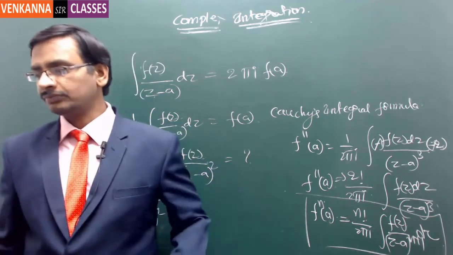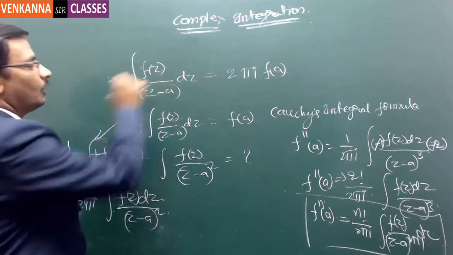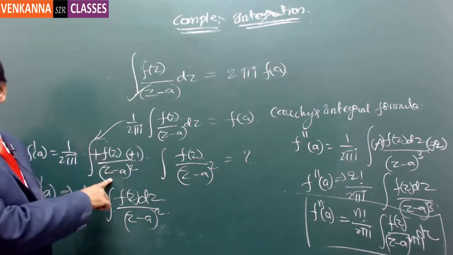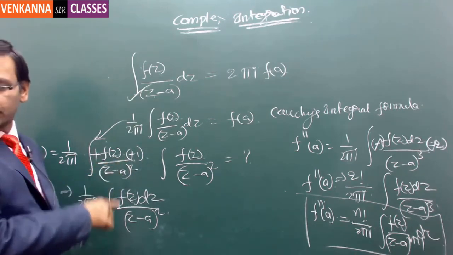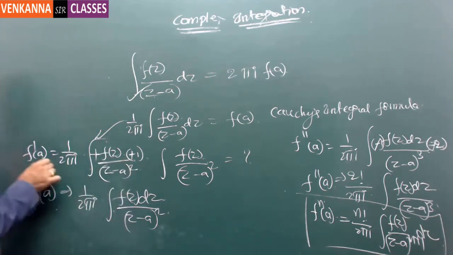Understood or not? This comes into the picture if there is a simple pole, or a pole of higher order. The order can be 2, 3, 4, 5 or anything like that. For these higher order poles, you simply take the derivative.